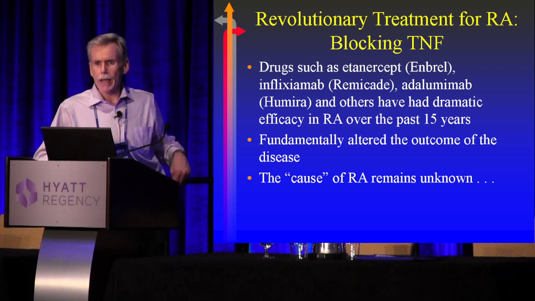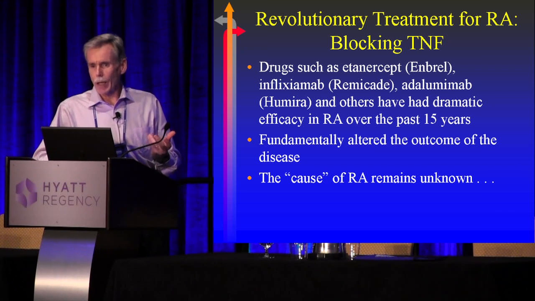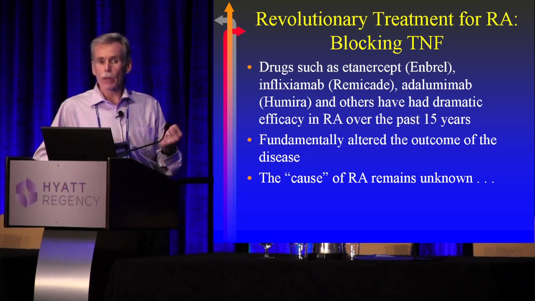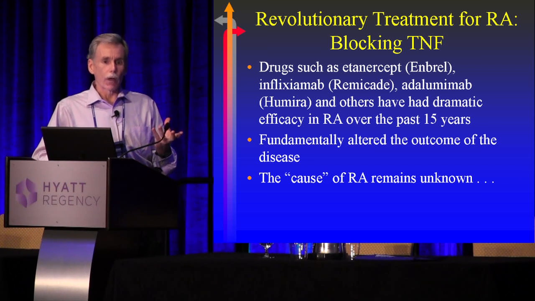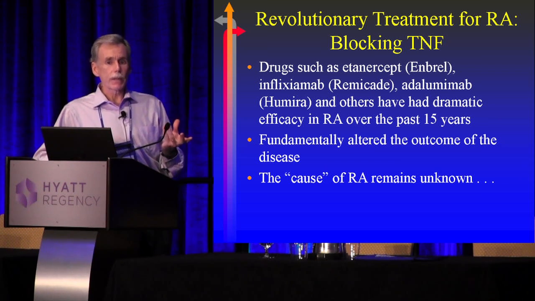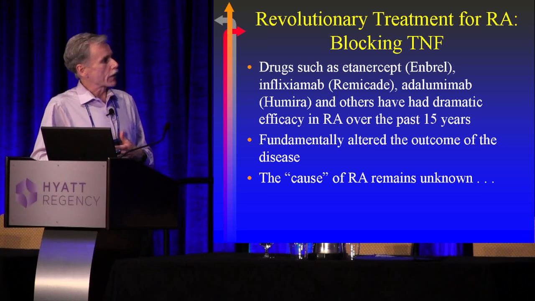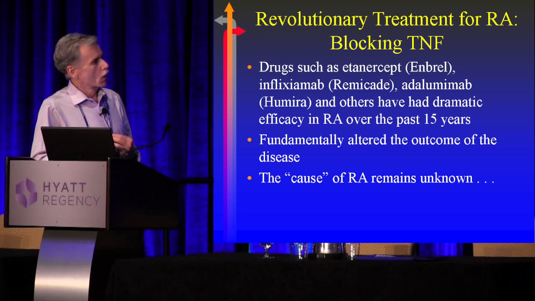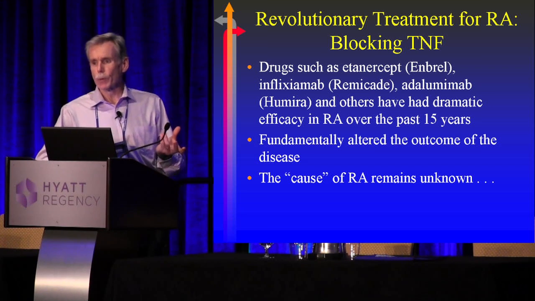And by the way, etanercept, while it is used in scleroderma, particularly for those folks who have severe arthritis associated with their scleroderma, doesn't seem to be the central problem in our disease. The other point I wanted to make is we still don't know what triggers rheumatoid arthritis.